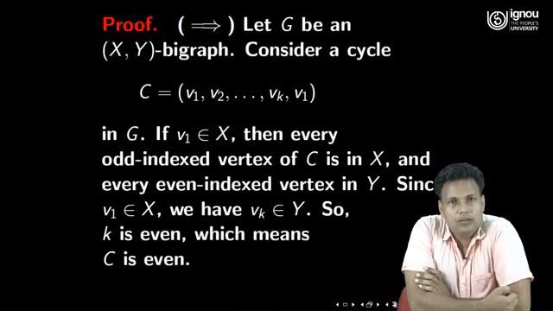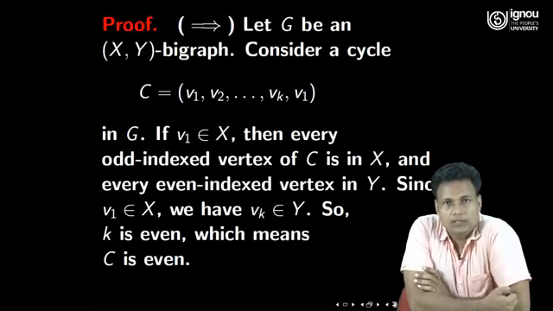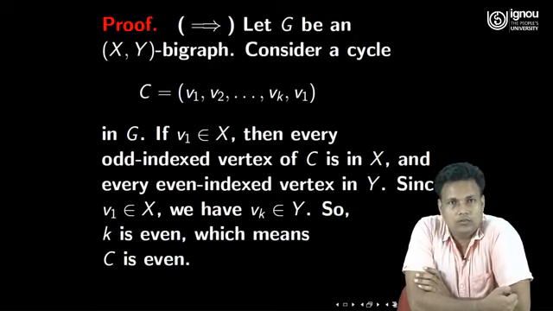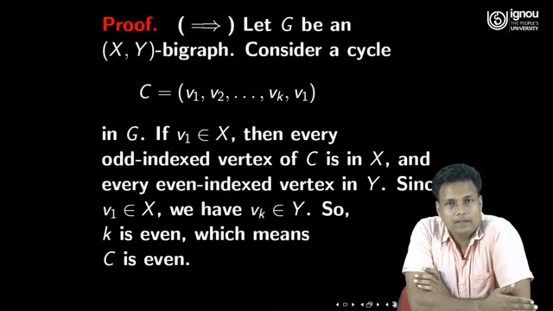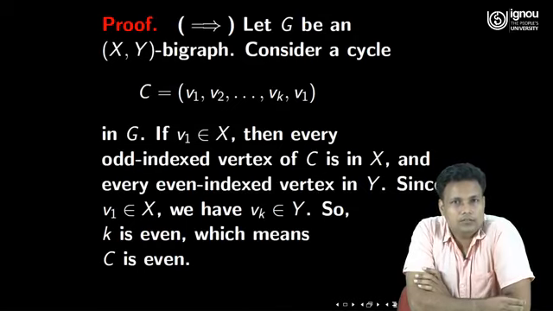Now suppose V1 lies in X, then V2 cannot be in X because V2 is adjacent to V1. So V2 must be in Y, and then V3 cannot be in Y. So V3 must be in X. Similarly, V5 must be in X. So any odd indexed vertex in this cycle would be in X, because we have chosen V1 to be in X. Now look at the vertex Vk.